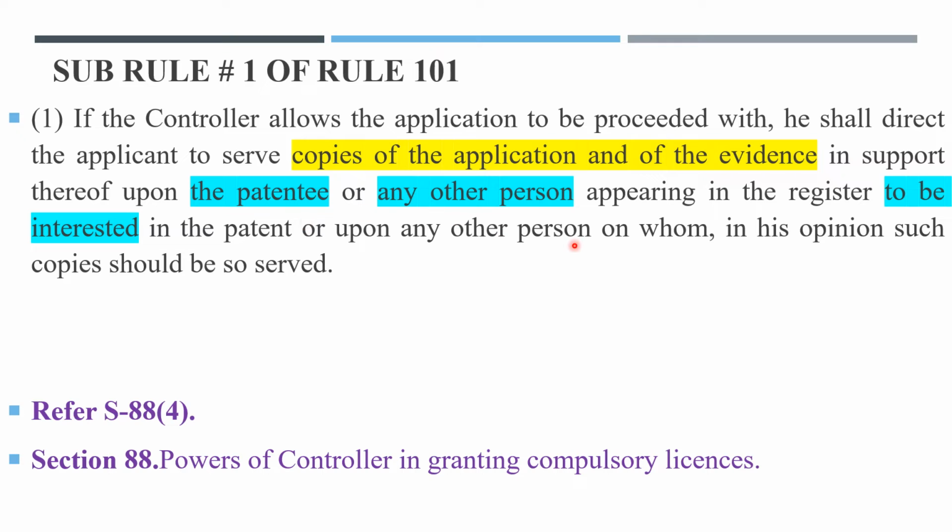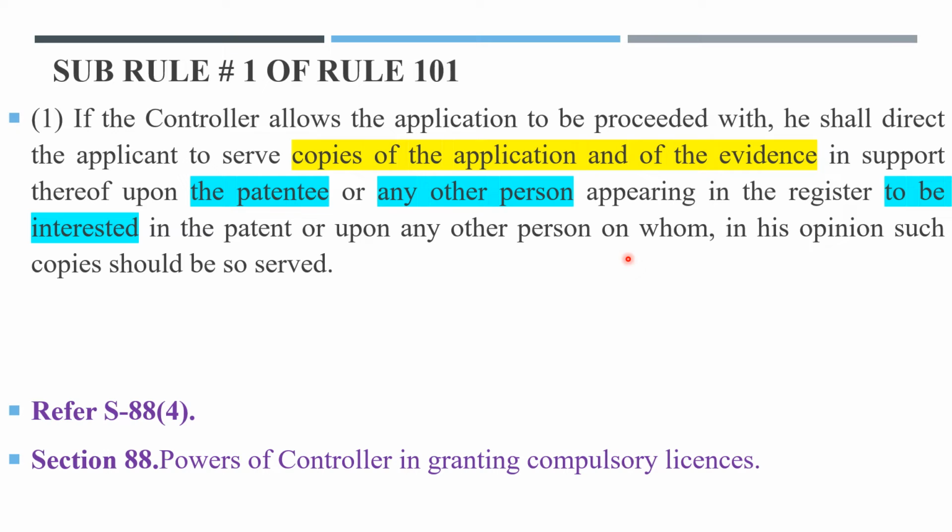Upon the patentee or any other person interested in the patent, or any other person on whom such copies should be served as per his opinion, that means as per the controller's opinion. So we can say the patentee or any other person interested appearing in the register, either case. Or the other case is any other person on whom the controller believes that the copies should be served. Fine. So this way I think the subrule is analyzed in a very clear manner.